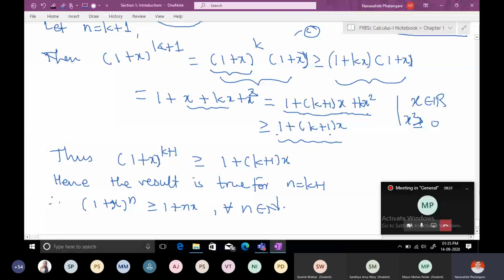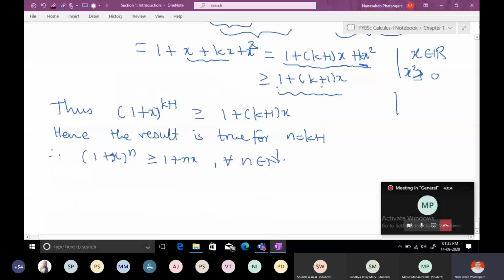But we are sure that if we remove this term, then our resulting quantity is smaller, because we are deleting or neglecting a positive quantity, right? That is the main point we want to make. And hence this result is true for all natural numbers.